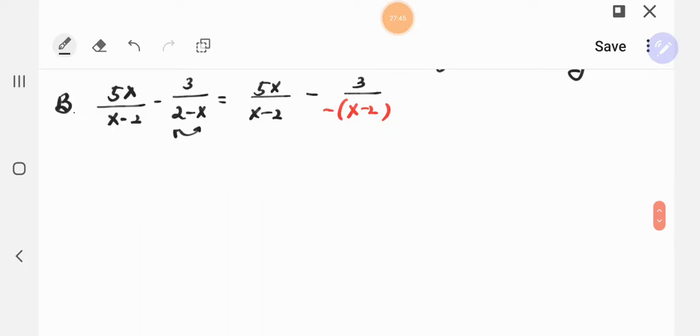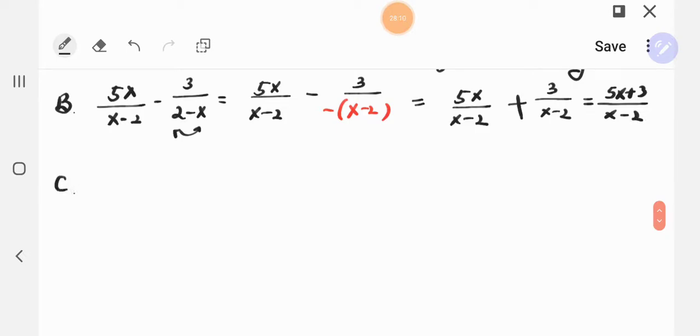So this will be 5x over x minus 2, the minus becomes positive 3 over x minus 2. Since x minus 2 is the same, we just add the numerators: 5x plus 3 over x minus 2.